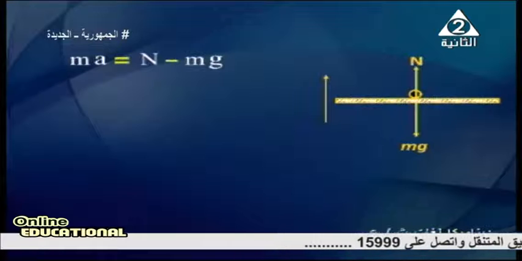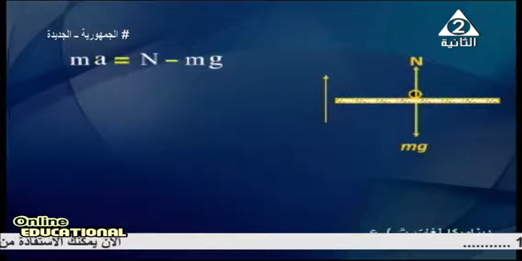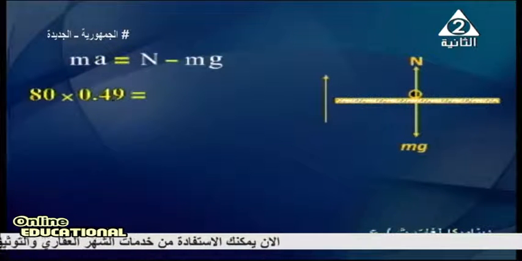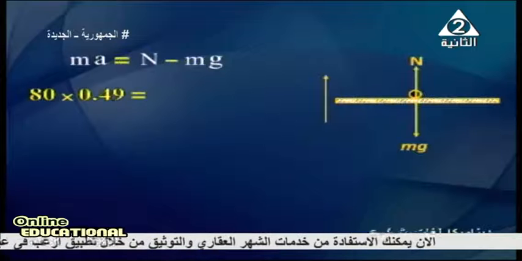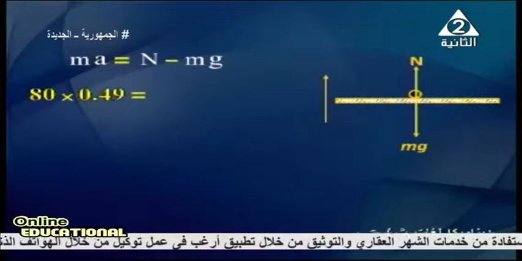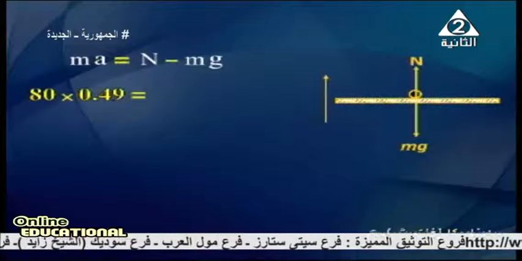What is the mass of the man? 80 kg. What is the acceleration of the lift? 0.49 meter per second squared. Now I use mass in kilograms and acceleration in meters per second squared, so the force N or mg must be in newtons.